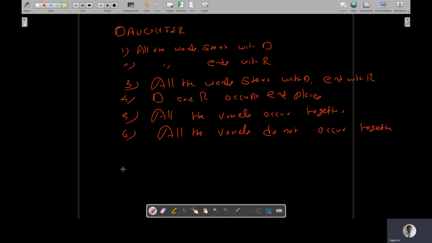Total number of arrangements is 8P8. You have to arrange here and there; sometimes a meaningful word will form, sometimes a meaningless word. So it is 8 factorial by 8 minus 8 factorial.